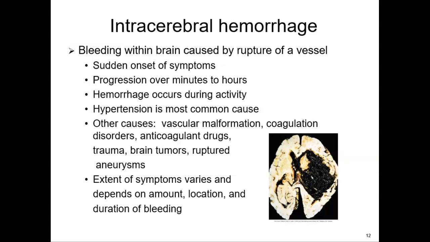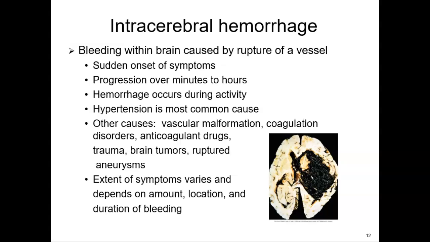Major cause is hypertension, and another cause is anticoagulation use. So that is a big deal. Hypertension and anticoagulation. Again, they complain of a headache. It starts first sometimes with nausea and vomiting.